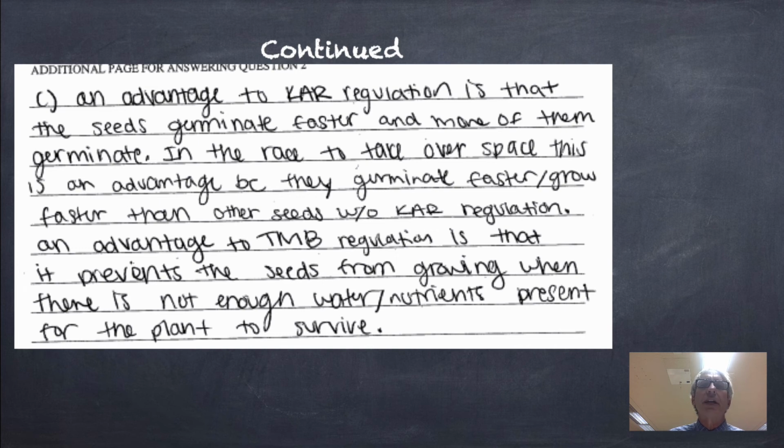In the race to take over space, this is an advantage as they germinate faster, grow faster than other seeds without KAR regulation. The TMB prevents the seeds from growing when there's not enough water, nutrients present for the plant to survive. This student ended up earning 6 points.